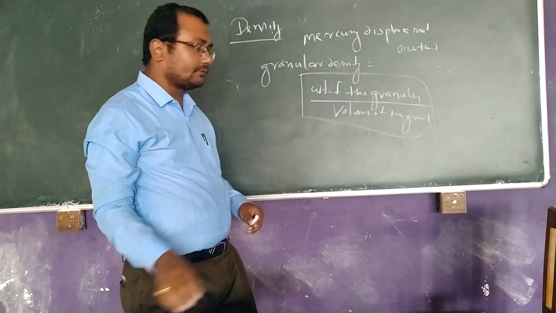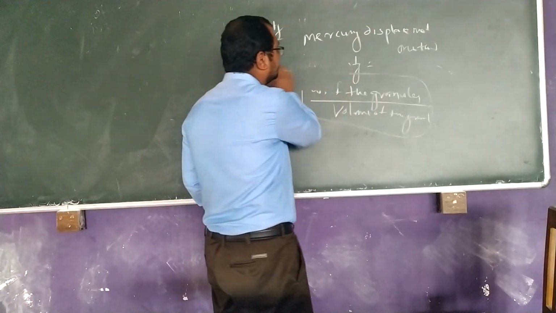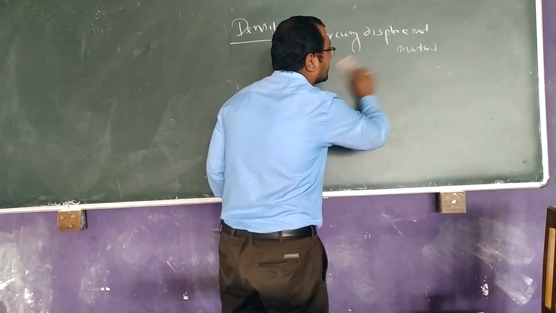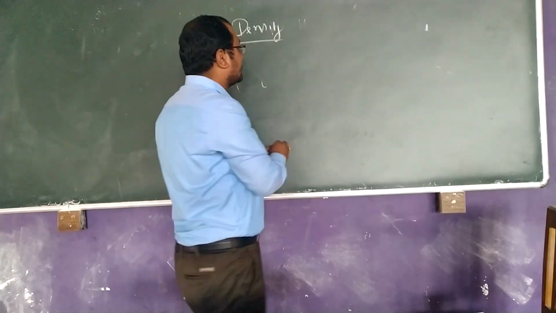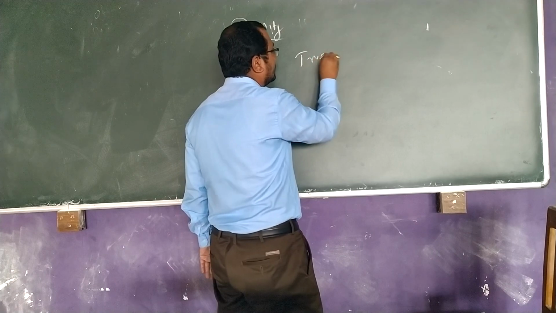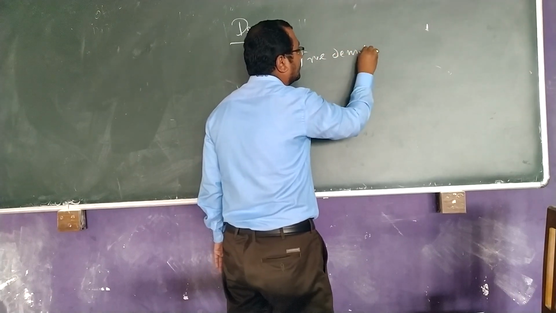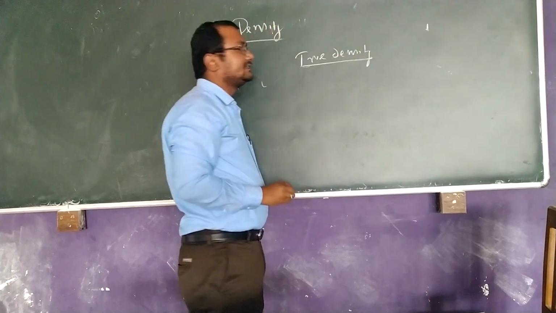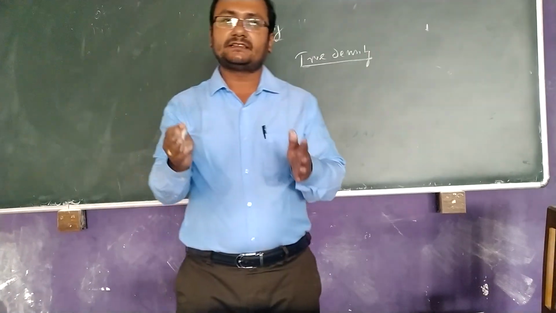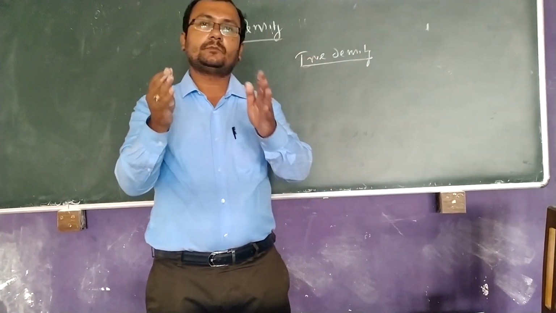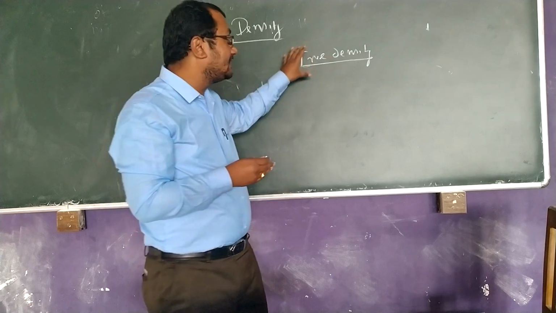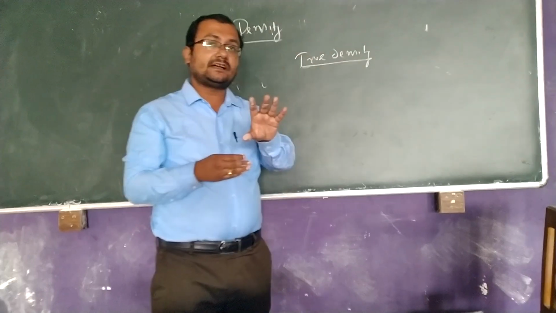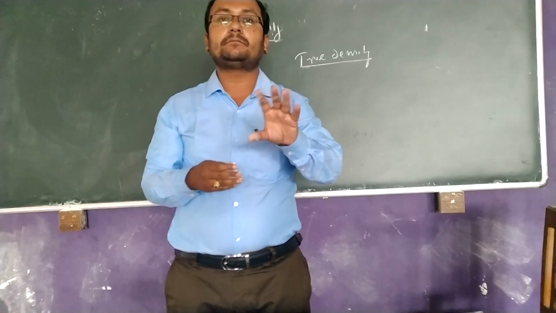Then coming to the next one, true density. True density means we have to take the true volume of the powders. To get the true volume, the liquid should enter inside the powder.